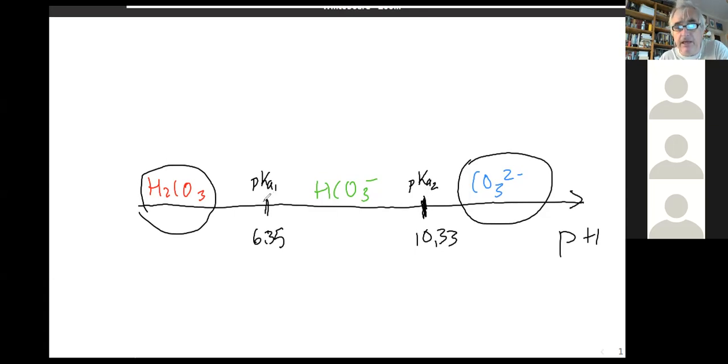Remember that the pKa value means that the dominant form changes. If you come from the acid side, at 6.31 there is 50% of the acid left and you have formed 50% of the hydrogen carbonate. So to the right of pKa1 and to the left of pKa2, the hydrogen carbonate dominates.